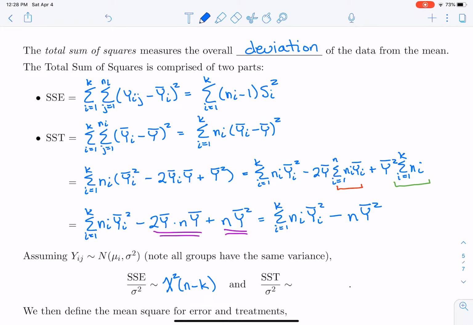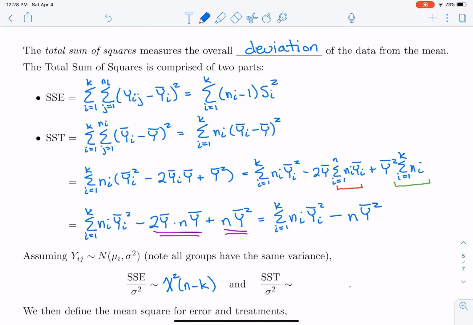Okay, so that's where all this comes from. So you'll have to go back and look at the beginning of this course to see why this has a chi-square distribution. It's very, very similar to when we were looking at comparing variances or doing confidence intervals around variance.